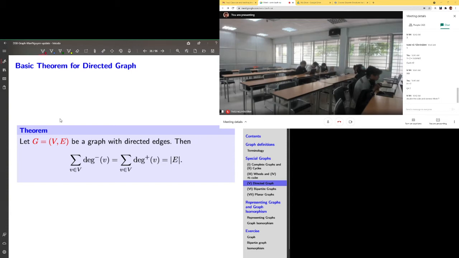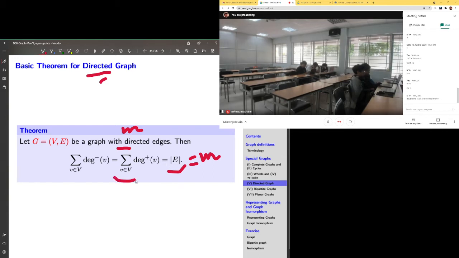So therefore, the Handshaking theorem before, when you extend it to the directed graph like this one, you have to be careful. The right hand side here is just the number of directed edges. You don't have the factor of two.